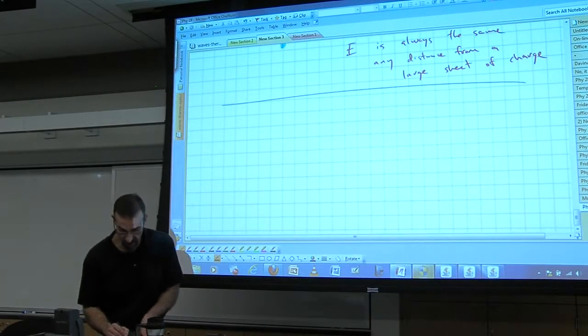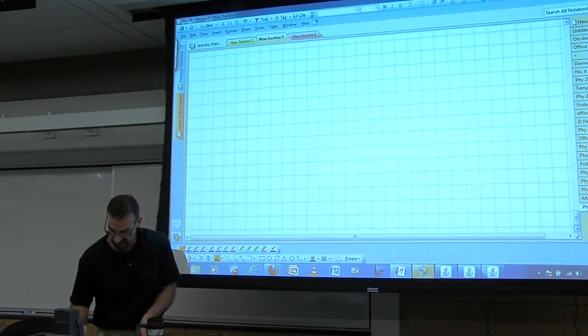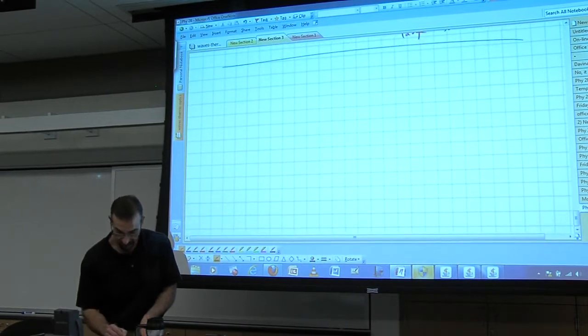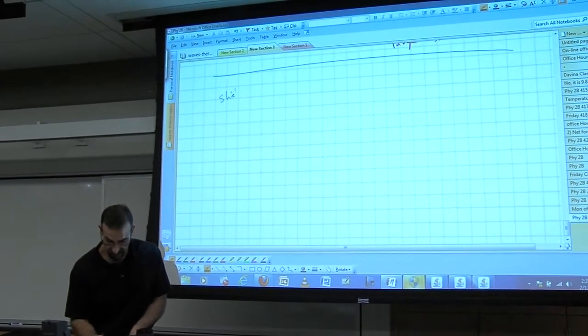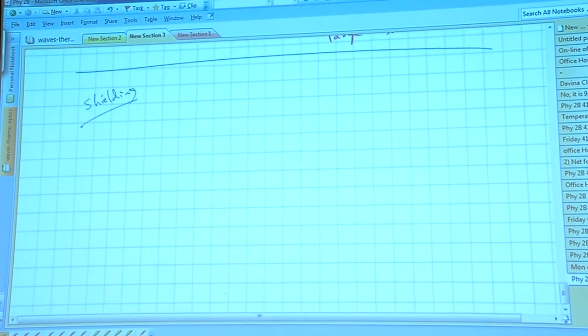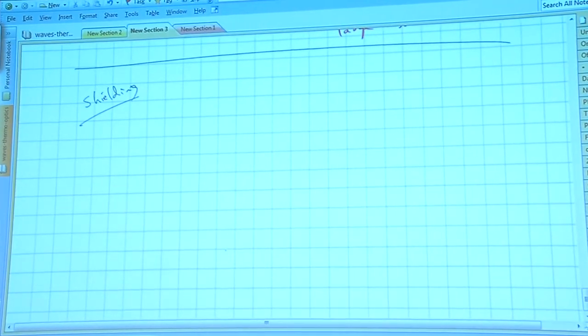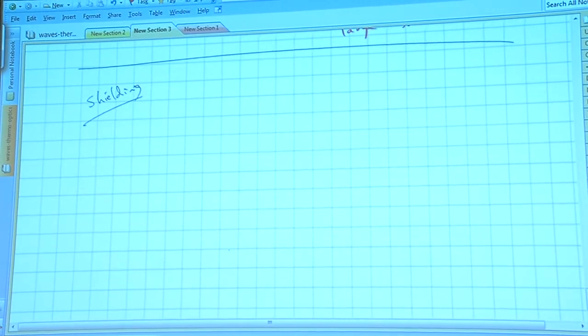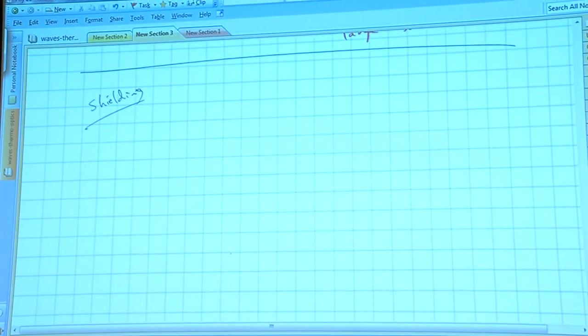Let's look at shielding one more time. We did it briefly at the end of the last class. So we said that we're trying to picture what's going on inside of a conductor.